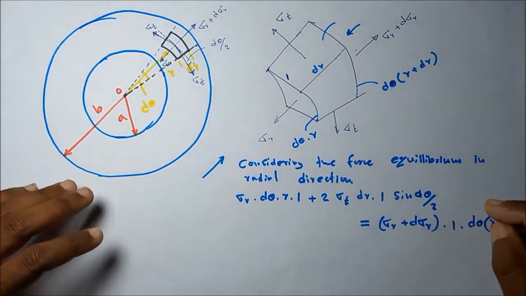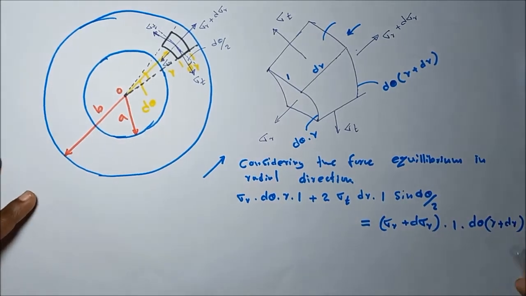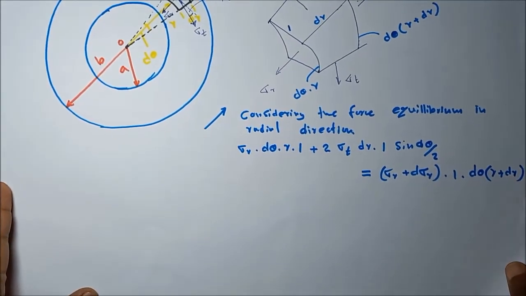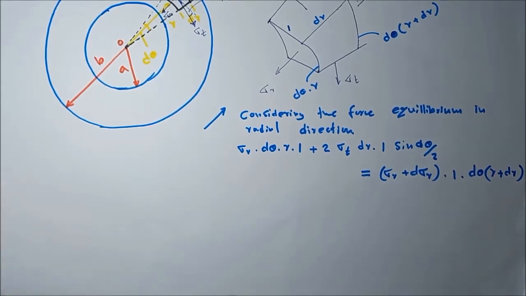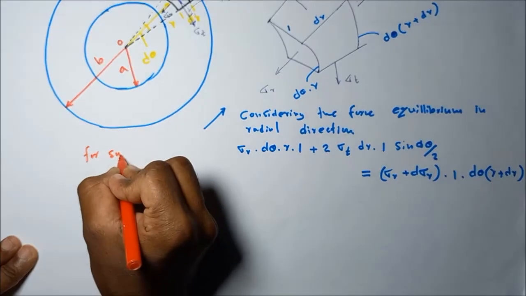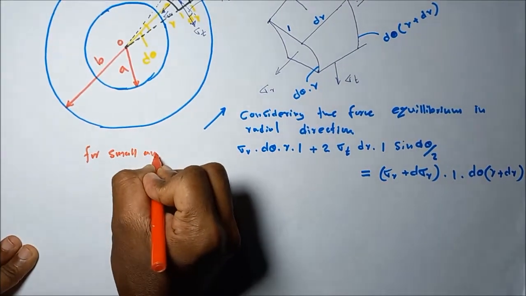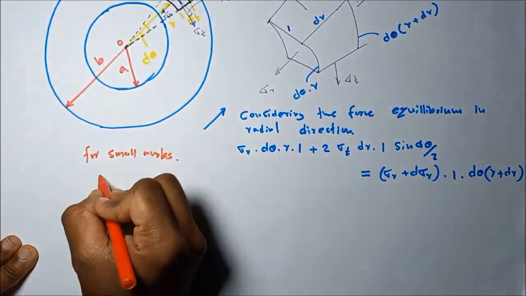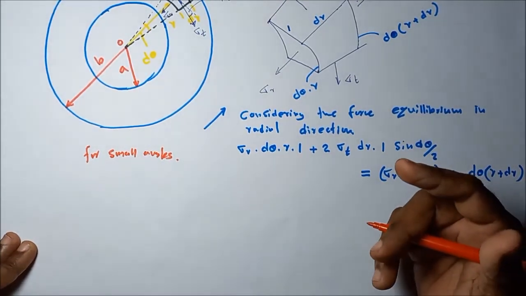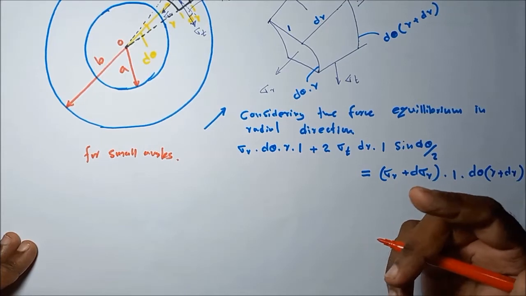So let me simplify this obtained equation. You all know for small angles, the sine theta value is equal to its angle in radian value.